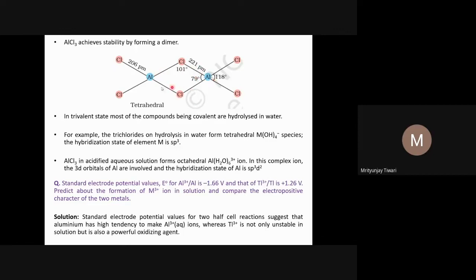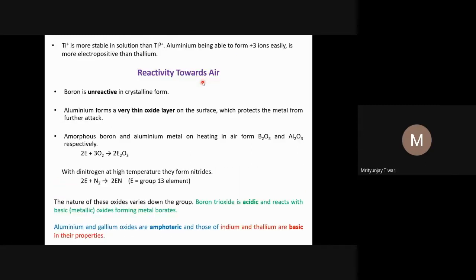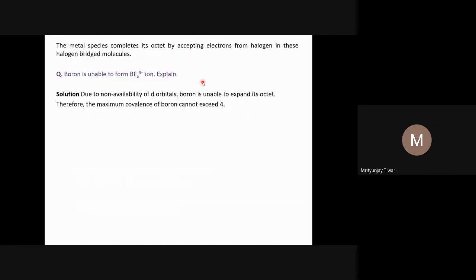This one is also shared between 2 aluminium atoms. This way, because of the presence of lone pairs of electrons on the chlorine, both aluminium atoms get their octet complete. So the dimers are formed, and the metal species, because of the formation of the dimer, completes its octet by accepting electrons from halogens in these halogen bridged molecules.